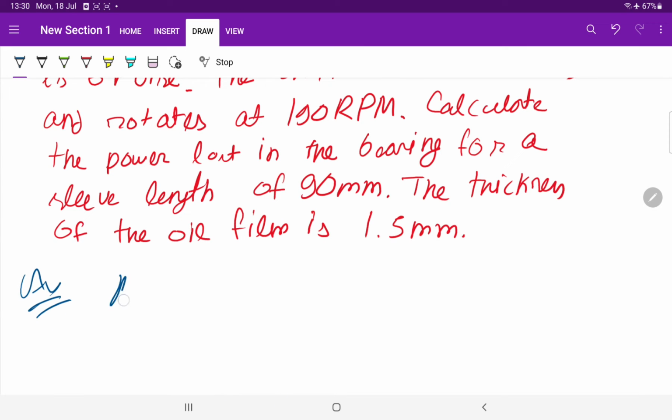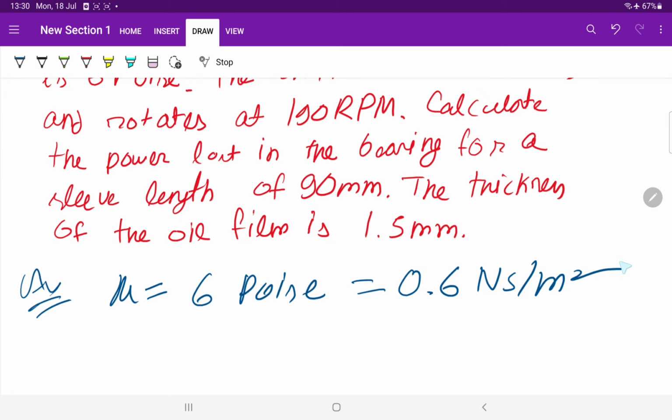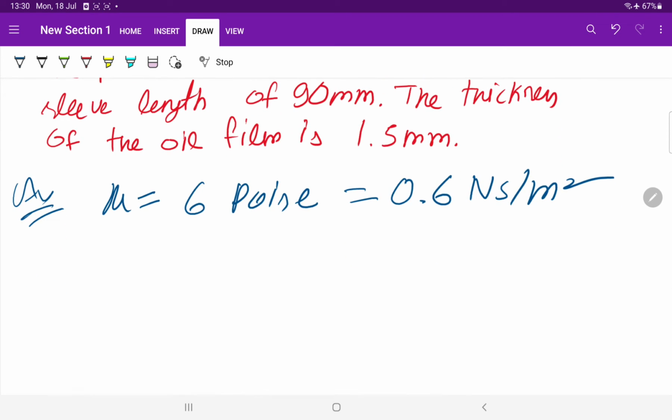So now mu is equal to 6 poise. Since 1 Newton second per meter square is equal to 10 poise, it will be 0.6 Newton second per meter square. Now this is the dynamic viscosity, and nu is called the kinematic viscosity, which will not be used here.